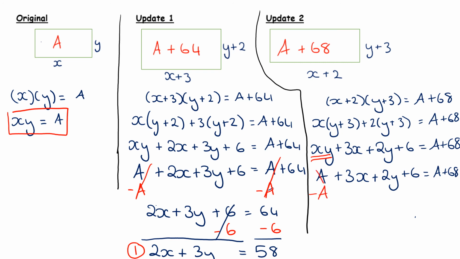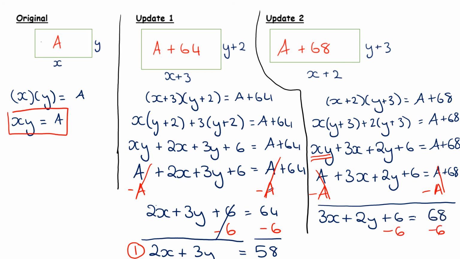Taking away an A from both sides leaves us with 3x plus 2y plus 6 equals 68. Take away a 6 from both sides, and we're left with 3x plus 2y equals 62, and that is equation 2.